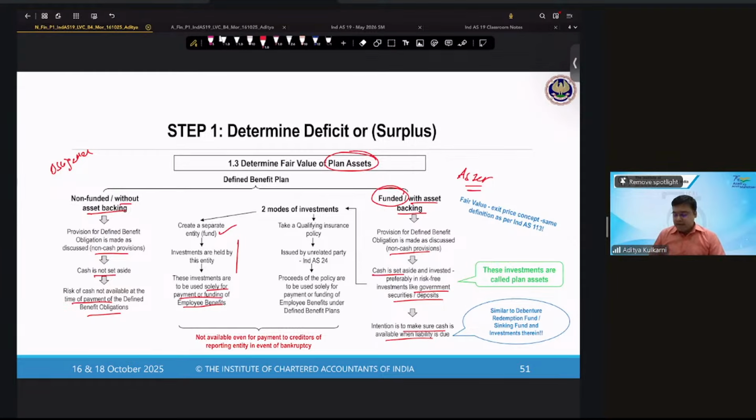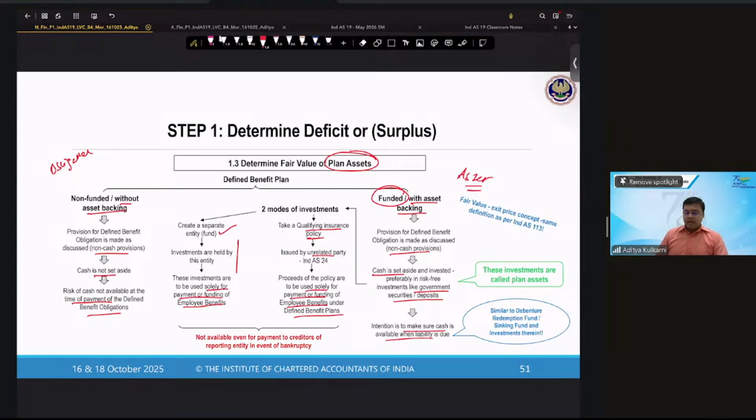Second manner, take a qualifying insurance policy from an unrelated party. Proceeds of the policy on maturity, or whenever the employee leaves, retires, resigns, superannuates, or whatever be the case, will be used solely for payment or funding of employee benefits under the defined benefit plans.